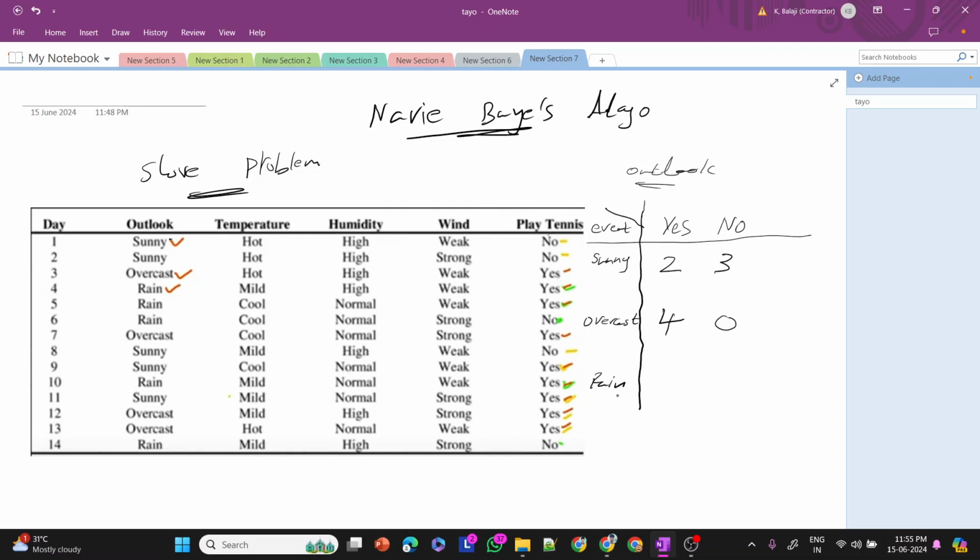Let's consider rain, and we will compute as we computed sunny and overcast. When it is rain, here is yes, here is also yes, one time rainy was no, and another rainy is here, and here also yes. Totally 3 times when it is rainy, the person has played the game, and 2 times he does not play the game when it is rainy outside.